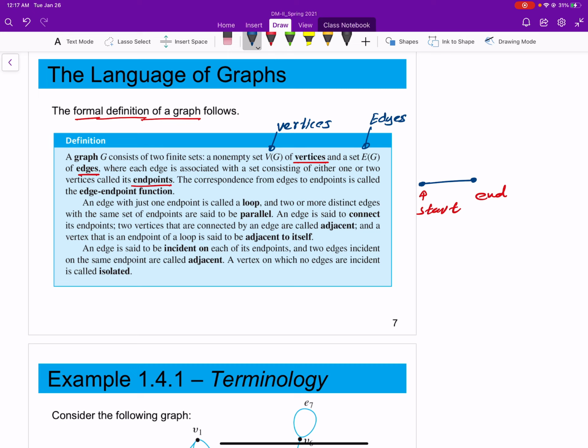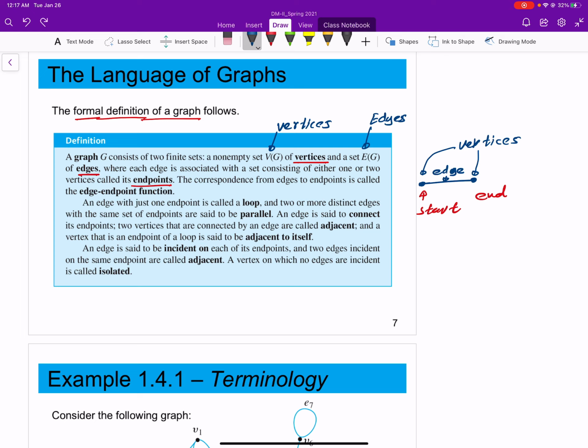So these are vertices. That is the edge. So these are vertices. So these are vertices. Okay, that's explained right here.